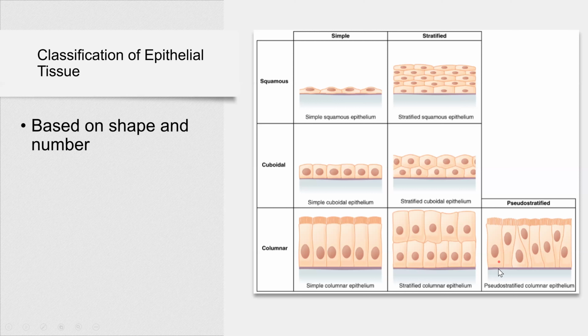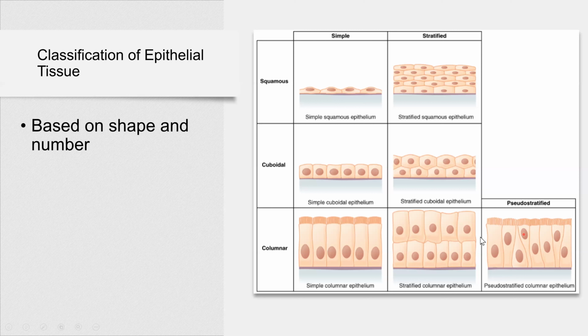There is another type of epithelium called pseudostratified columnar. So this one is not simple, it's not stratified, but when you look at a histology slide under a microscope, it will look like you have 2 or 3 or even 4 layers of cells, but that's because cells are different heights. Some cells are tall and some cells are short, and nuclei will be located at different levels.